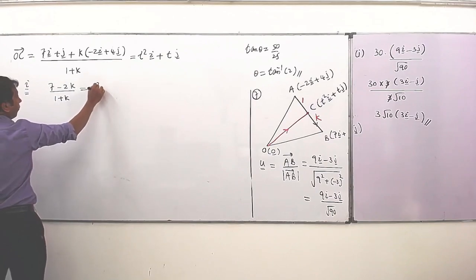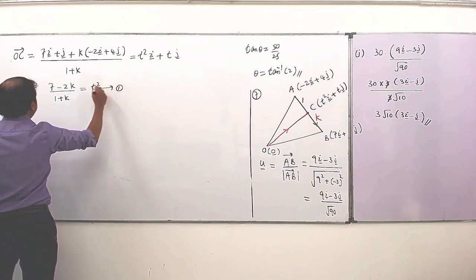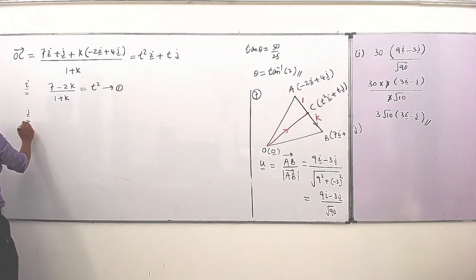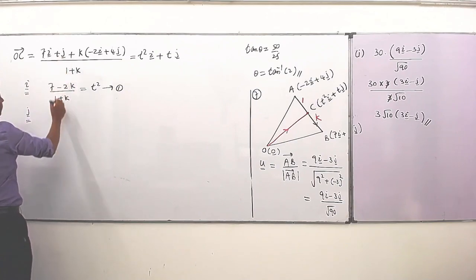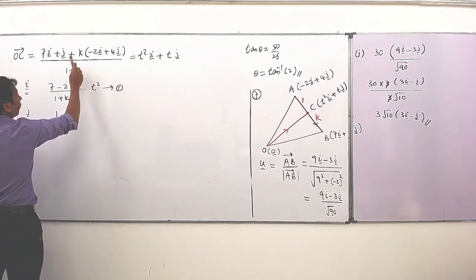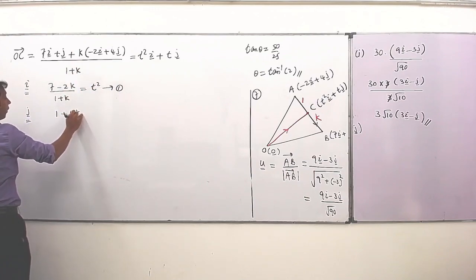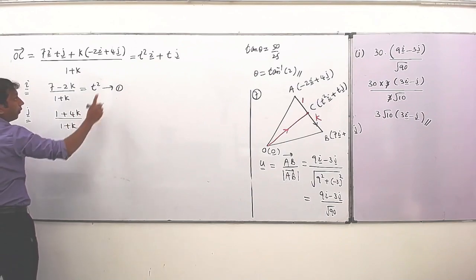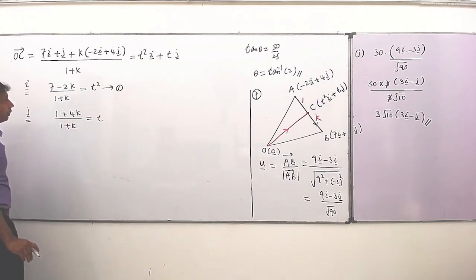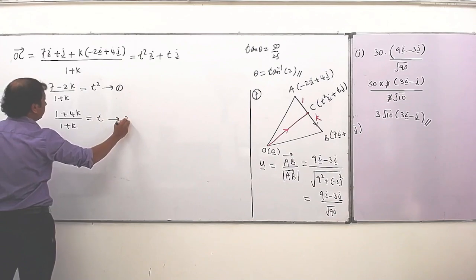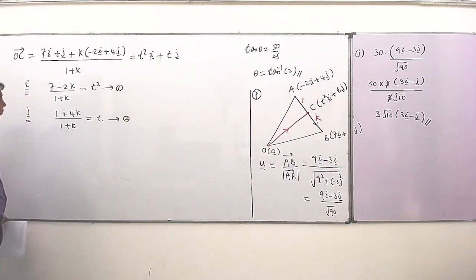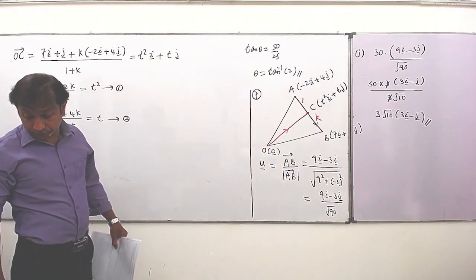That is number 1. For the j coefficient, here 1 plus 4k divided by 1 plus k is equal to t. That is the j coefficient, number 2. Okay. By solving these two, we have to find what? This k and t.